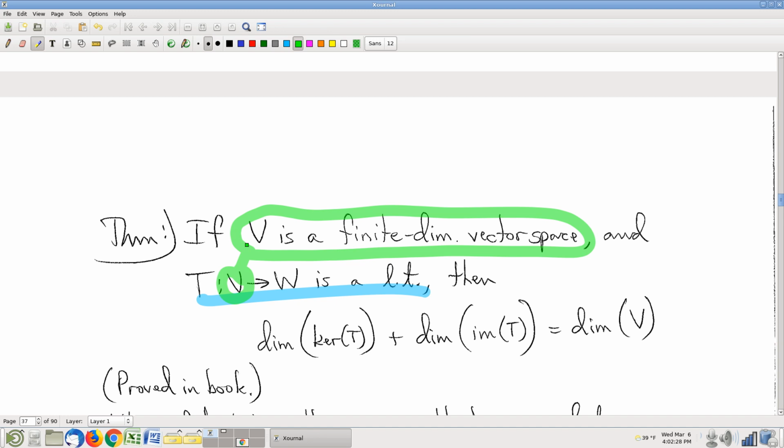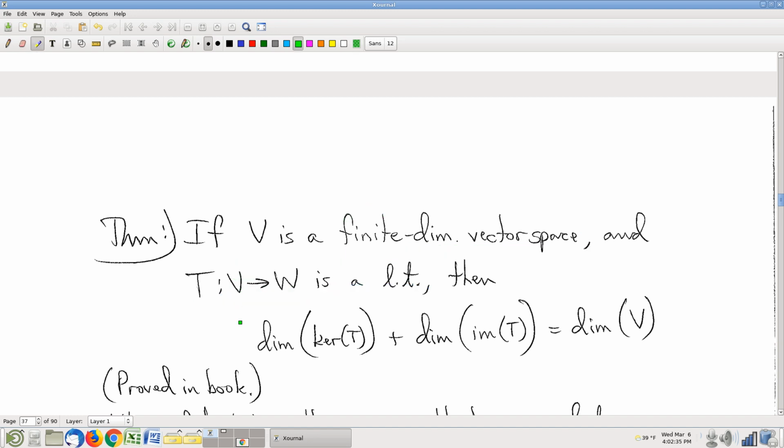Okay. So with that asterisk, finite dimensional domain, linear transformation, amazing fact: the dimension of the kernel, keep in mind the kernel lives in there, plus the dimension of the image, don't forget the image lives in there, is the dimension of the domain.